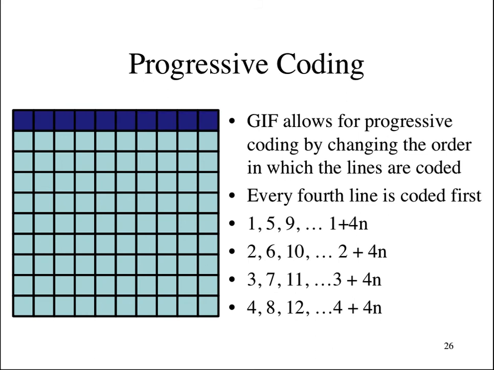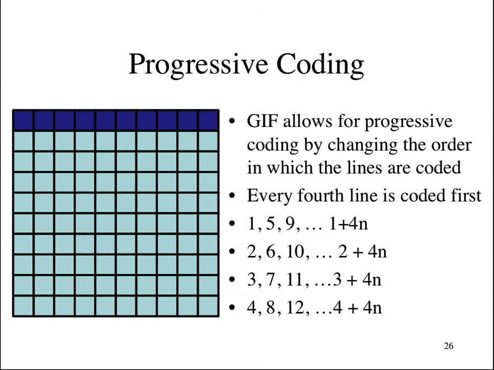Do the first row of pixels and then go on to the next row of pixels and then the next row of pixels till you're done at the end. So by default, GIF would code the pixels in the same order that we would read in English. You start at the top, you read a line, you go on to the next line. So you're going from left to right, top to bottom.